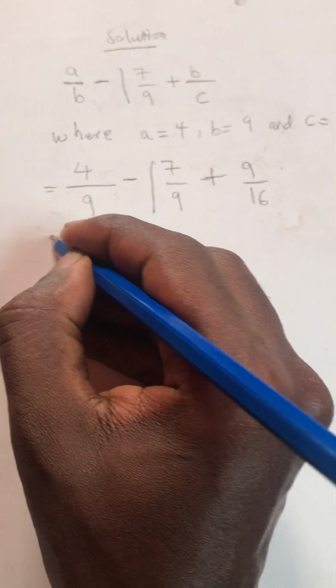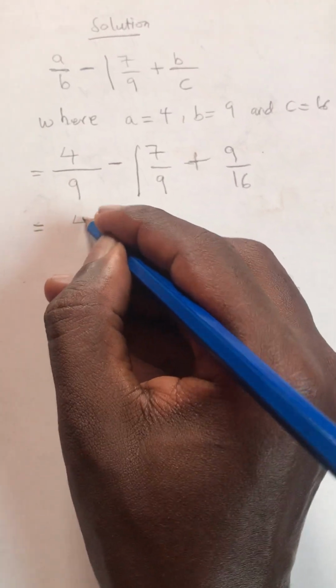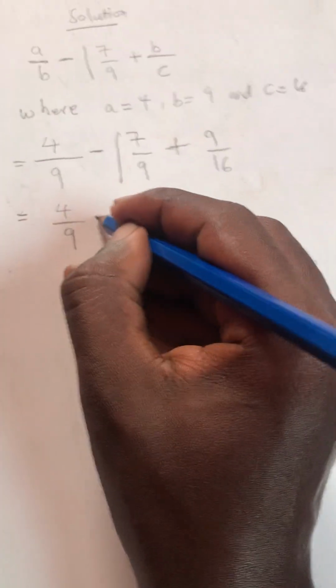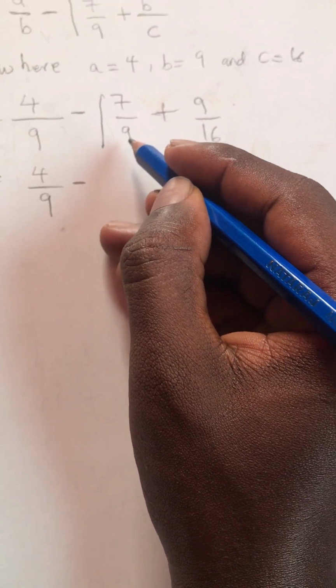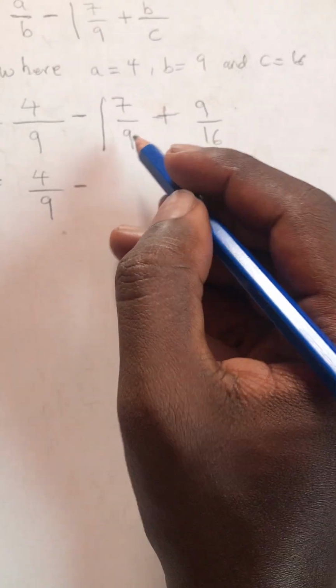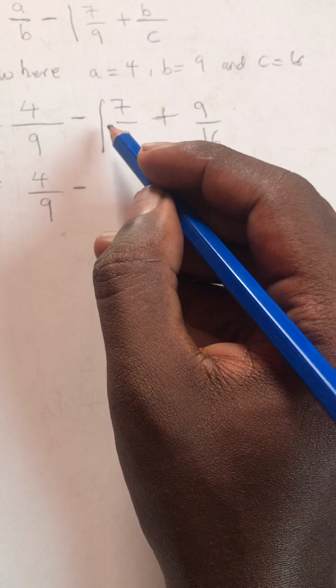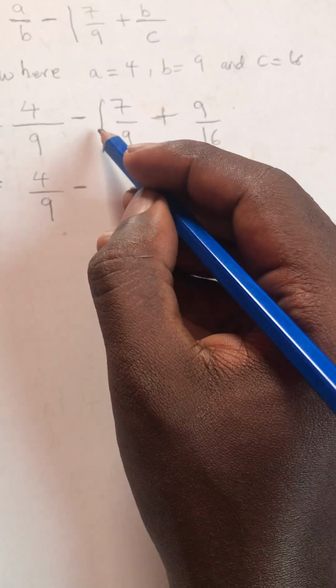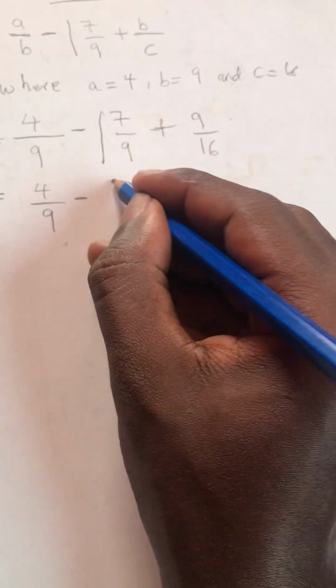So we are going to have the fraction 4 over 9 minus, so we have to simplify it by multiplying 9 by 1. 9 multiplying 1 is 9, plus 7 will give us 16.